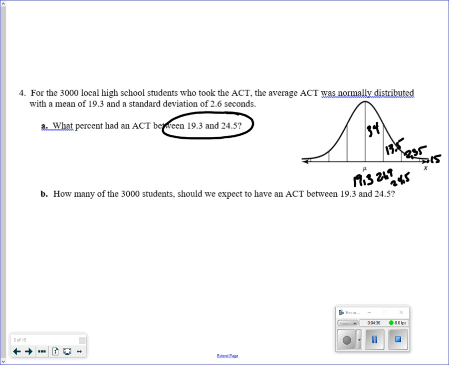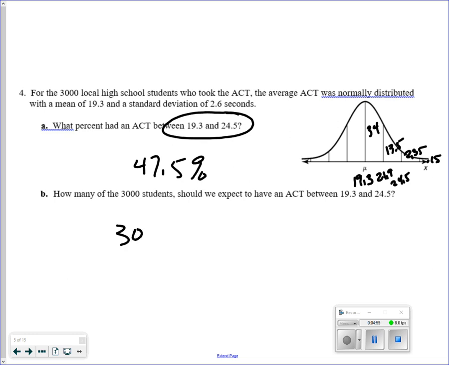You're talking about adding 34%, 13.5%. And so finding the percent between those two, it'd be 47.5%. And again, you will be given a chart that will have the percentages on there. How many of the 3,000 students should we expect to have an ACT score between that?